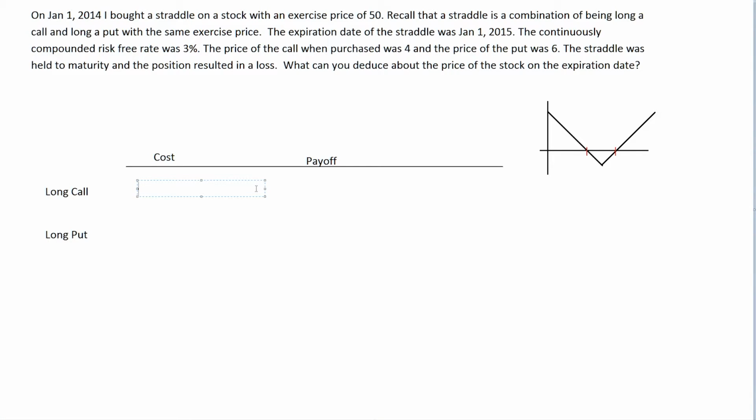So the cost on the long call was 4. And the cost on the long put was 6. So when our S_T is less than 50, our payoff is 0.